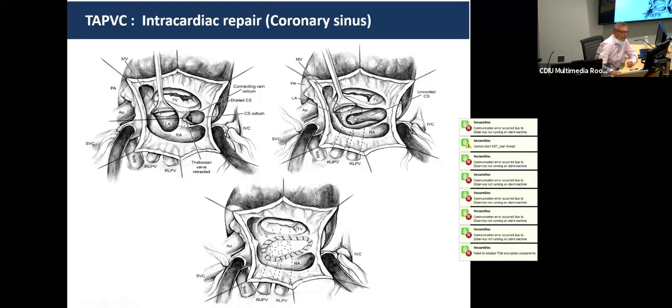And that then creates an unobstructed opening between the pulmonary vein confluence and the left atrium, which is on the other side of that unroofed coronary sinus. And then we close the resulting atrial septal defect with the pericardial patch. And so there's no operating on the pulmonary vein confluence itself. And so this has a very good prognosis.